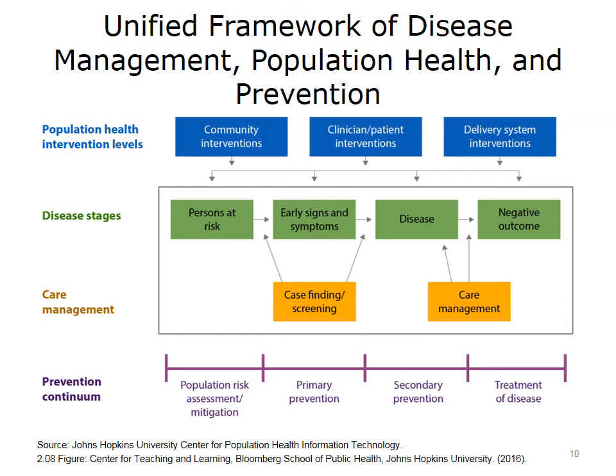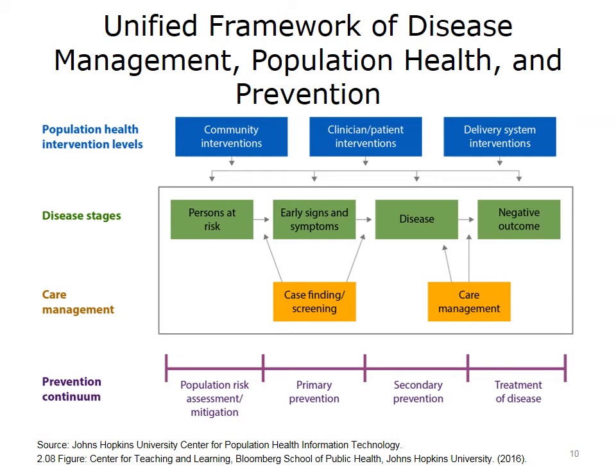This graphic takes the previous one a step further by providing a unified framework that talks about disease management. Some people call it chronic care population management, but it also talks about broader community population health and prevention. It tries to combine perspectives. Again, the three levels of intervention discussed at the clinical level, delivery system level, and community level.